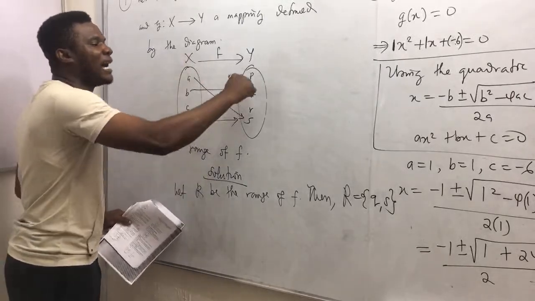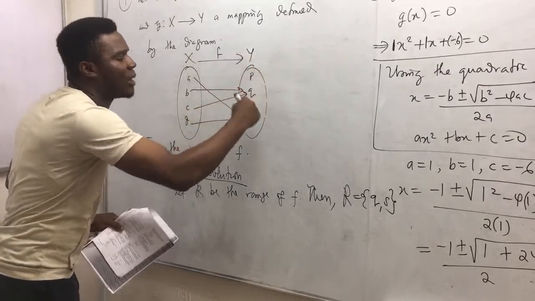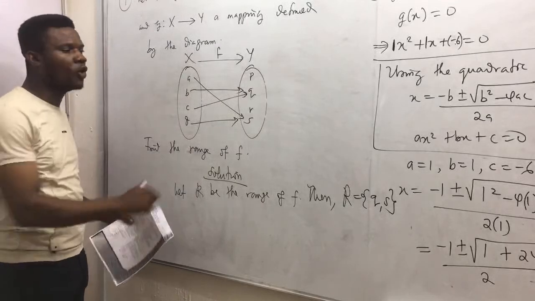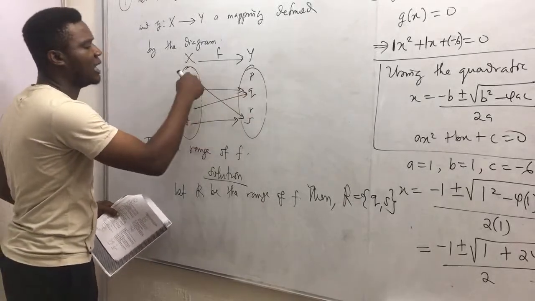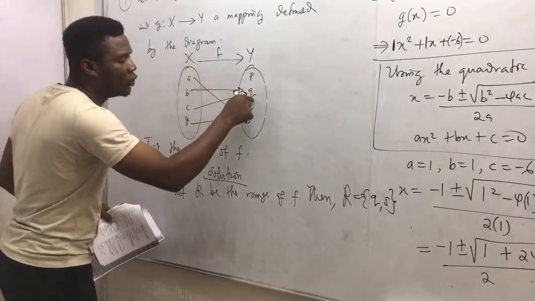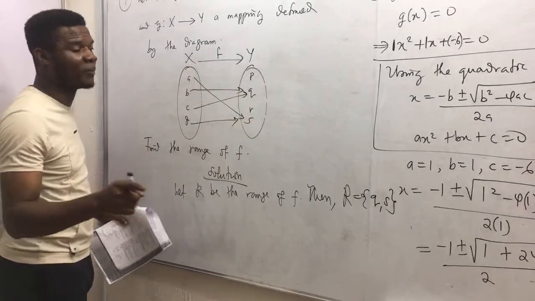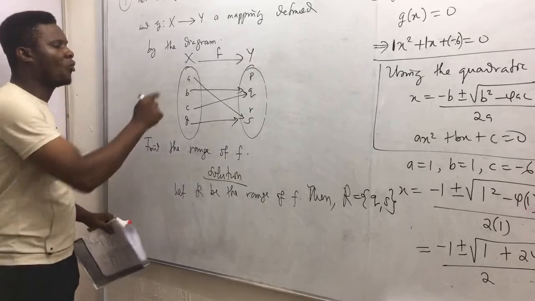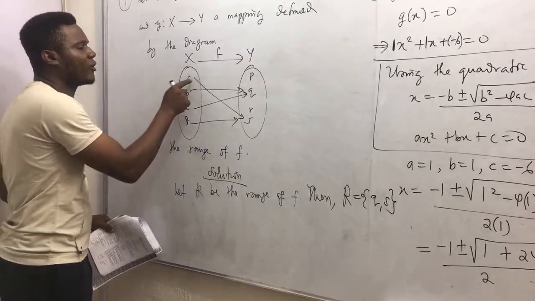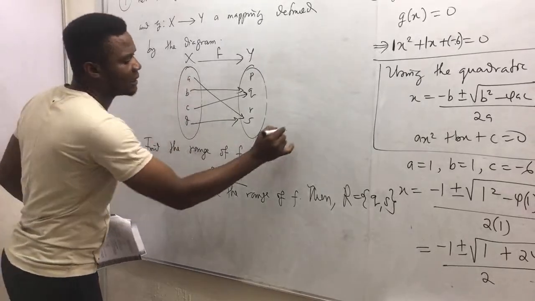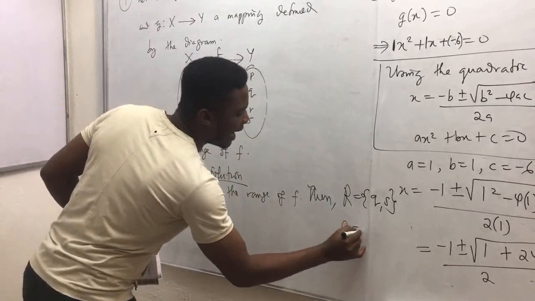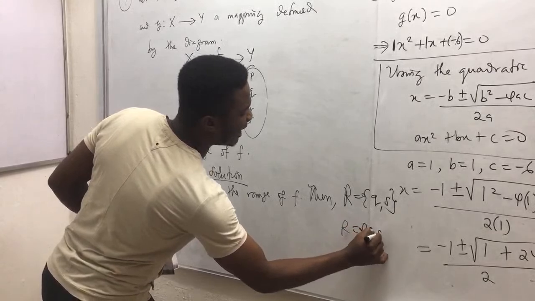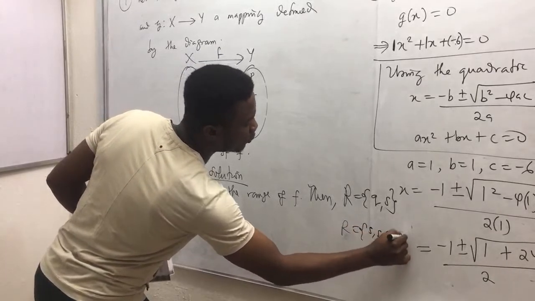And the images are those elements of the codomain that were assigned to elements in the domain. So what are the elements assigned to the elements in the domain? They are Q and S, irrespective of repetition. Now, one of you might ask the question, sir, why are you not writing the range as S, S, Q, Q?